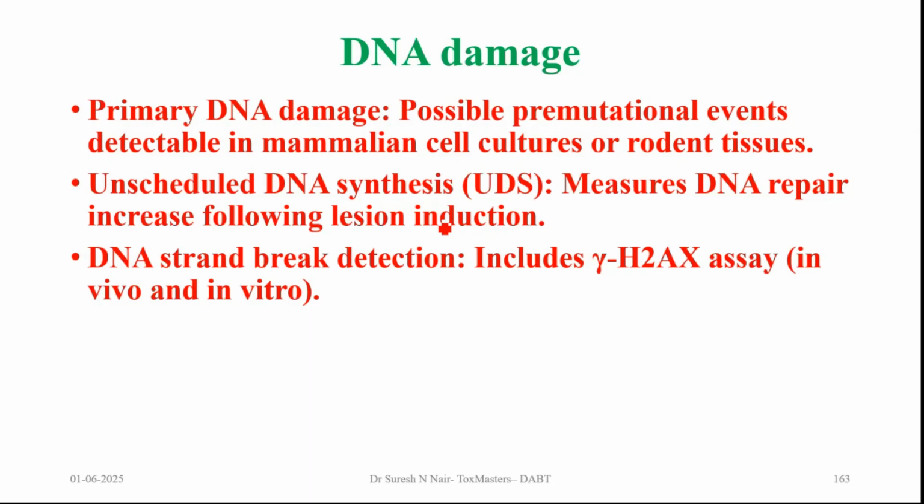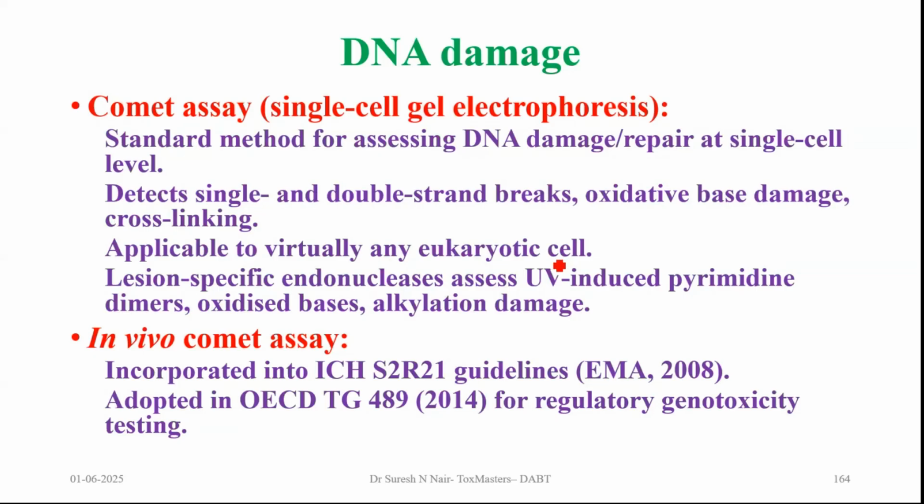When we do the treatment, how much will it reduce? That is also an indicator of DNA damage. Then DNA strand break detection includes the gamma-H2AX study, which is done in vivo after treating animals. The comet assay.